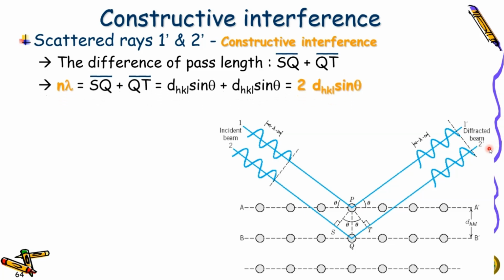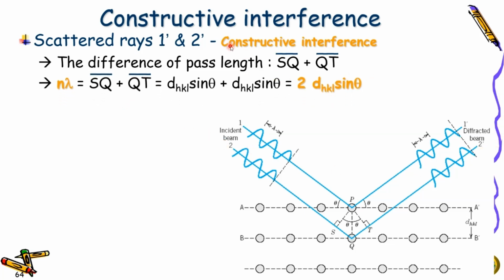And you know, in order to have constructive interference, this needs to be an integer times the wavelength. Integer means what? It can be 1 wavelength, 2 wavelengths, 3 wavelengths, 4 wavelengths, right? So n lambda equals SQ, the distance between point S and point Q, plus the distance between point Q and point T. And how are you going to find the distance SQ?